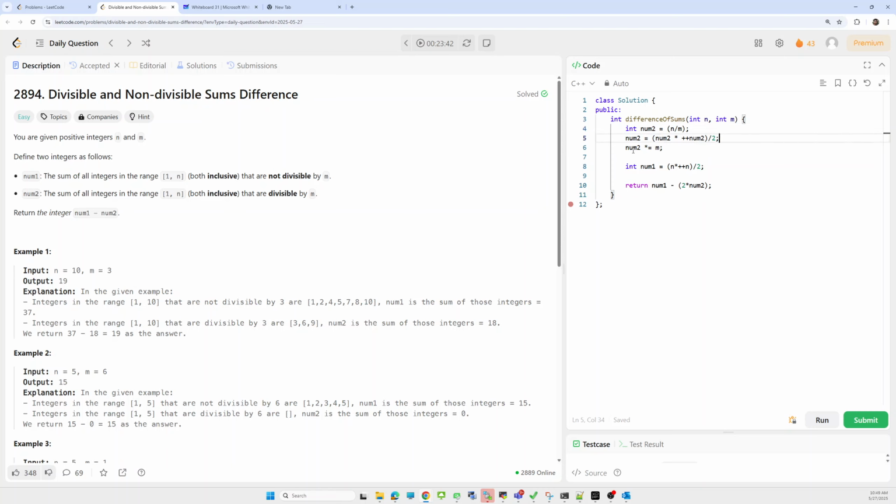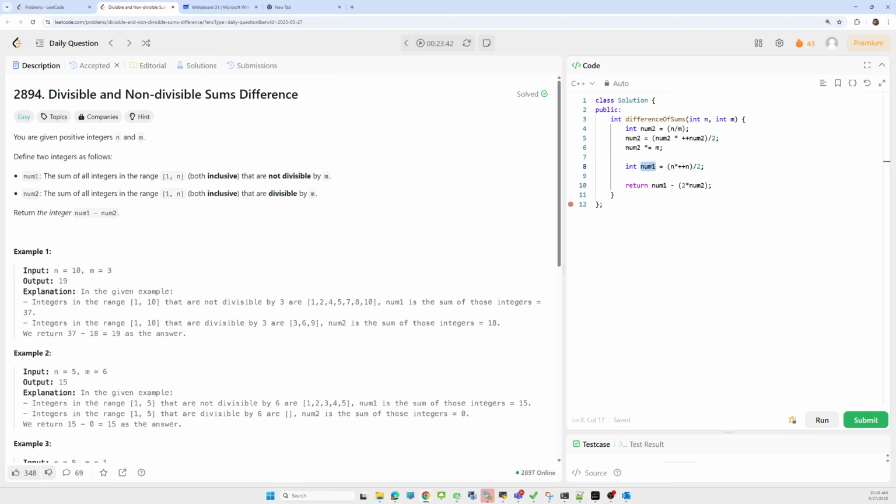After that we multiply by m. This gives the sum of all elements in the range 1 to n which are divisible by m.